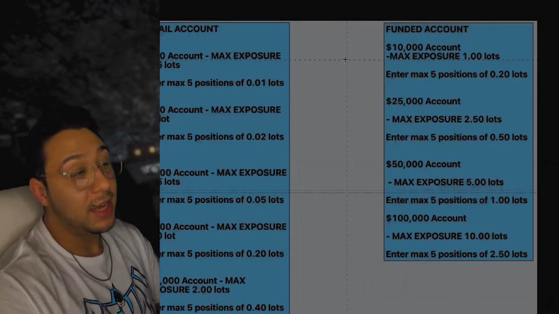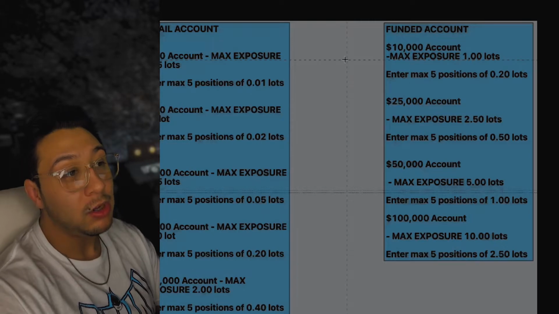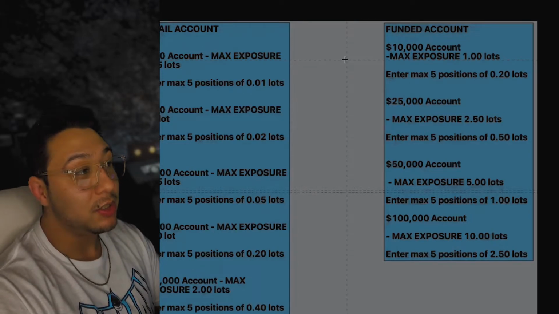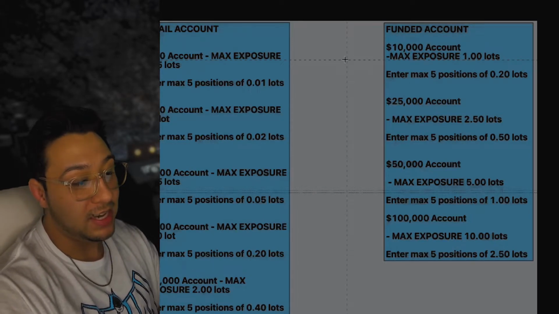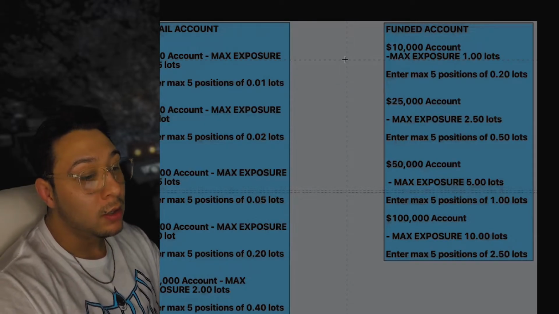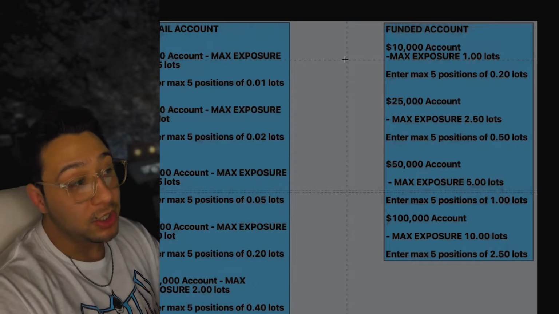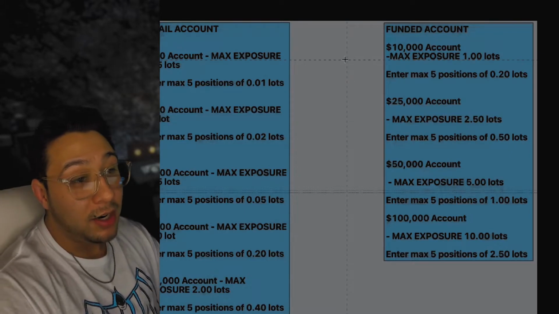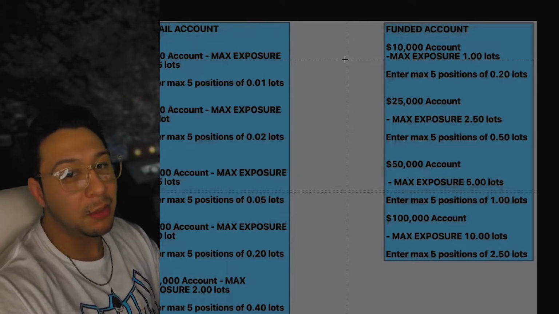Even though you still got to that max exposure that you wanted, you end up losing less simply because you didn't jump all in with that full lot size. You waited for a slightly better price, or you scaled in when it was going in your direction. So now you're in profit, and it's more of a better timed trade.